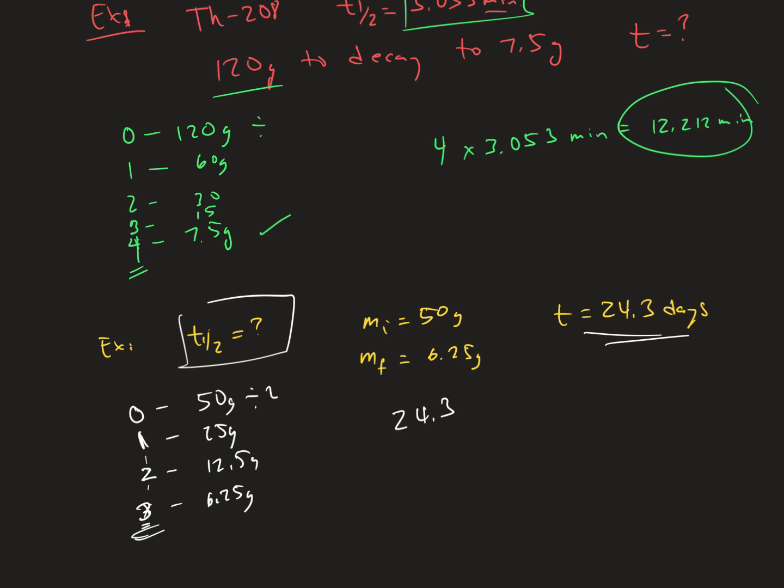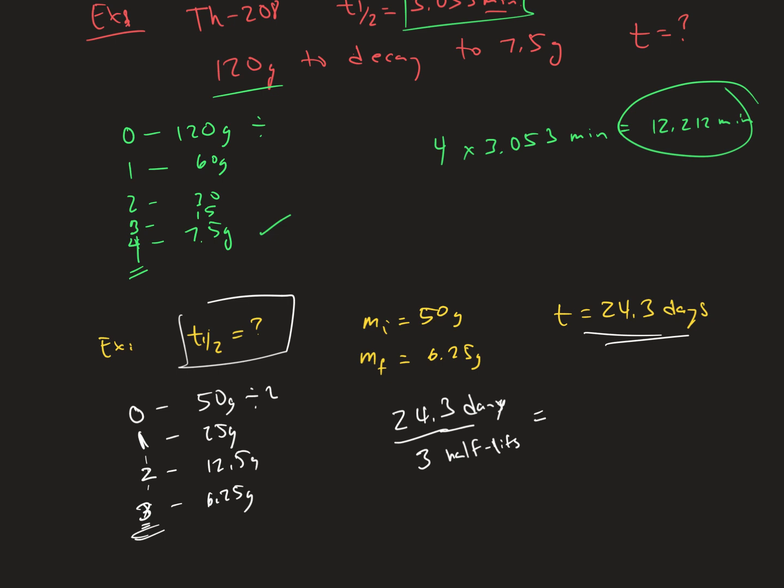Multiply 3 or divide 3? Divide, right? Does that make sense in your mind? You have to think about it for a minute, but okay. Divide by 3, and then let's just put our units here. This is days, and this is 3 half-lives. That's going to give us how many days per half-life. And that's what we want, right?